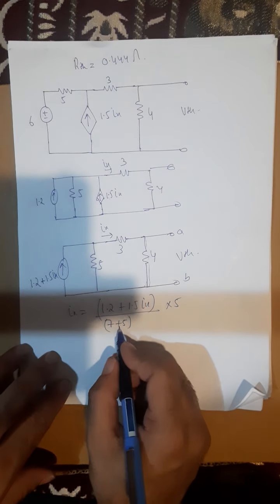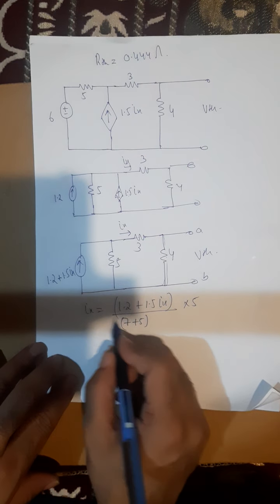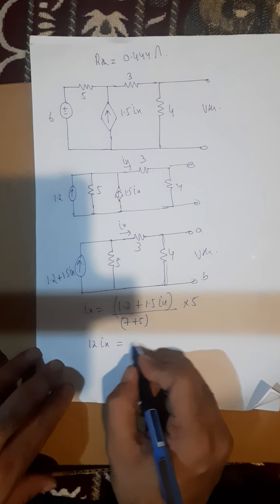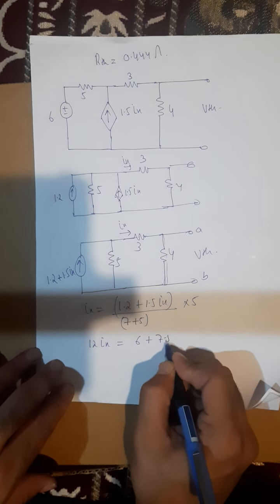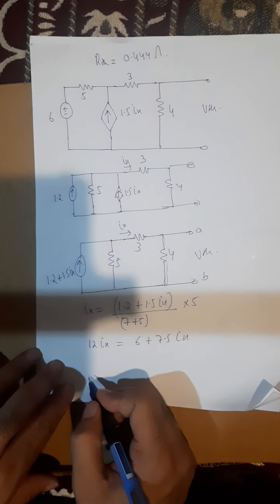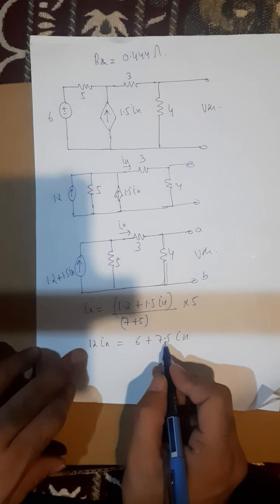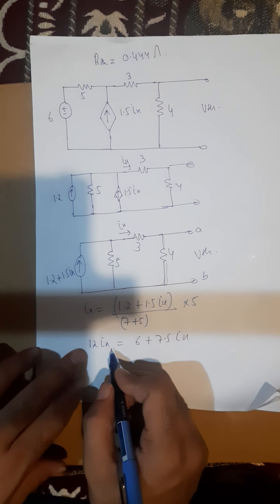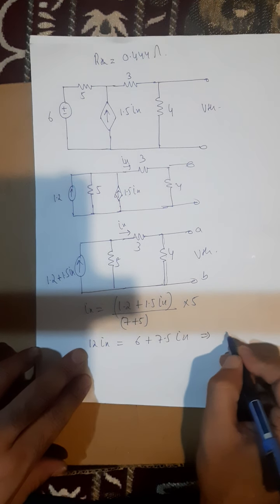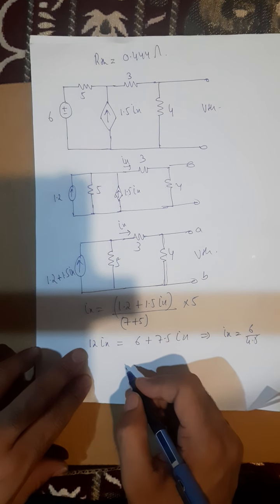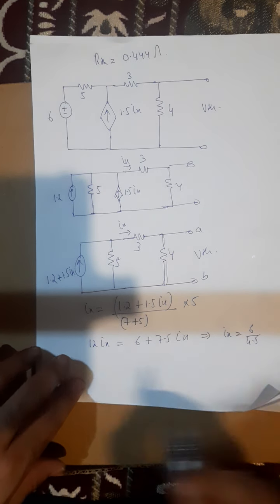So this is 7 plus 5, 12. I will transpose it here. I will get 12 Ix is equal to 6 plus 7.5 Ix. So 4.5 Ix is equal to 6, which implies Ix is equal to 6 divided by 4.5. Okay, so I have calculated Ix.